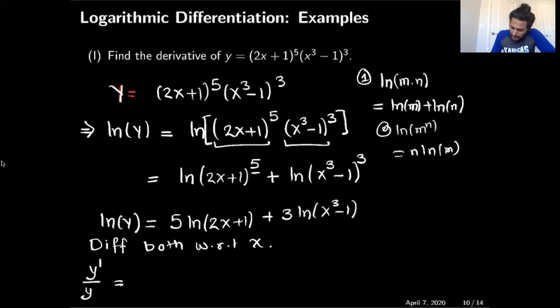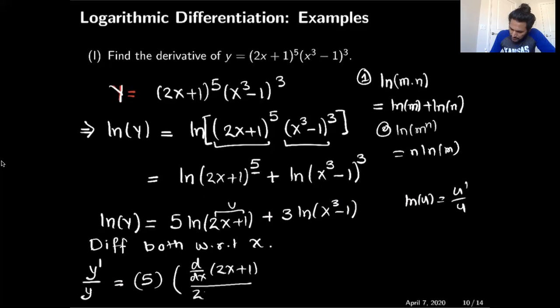The derivative of this function is 5 times d by dx of the inside function, because here is a function u and the derivative of natural log of u is u prime over u, divided by 2x plus 1, and this is 3, and the derivative of this function is d over dx of x cubed minus 1, divided by x cubed minus 1.